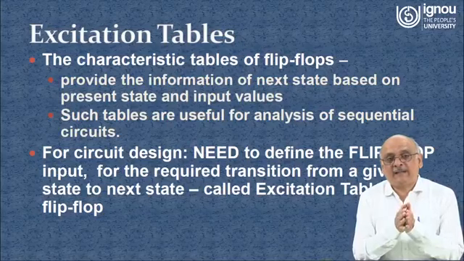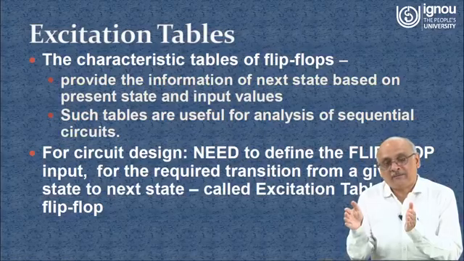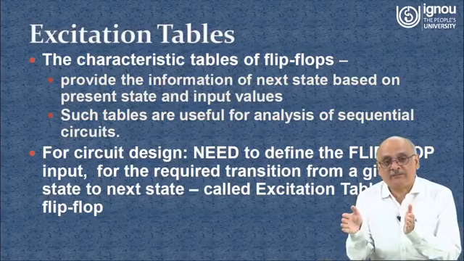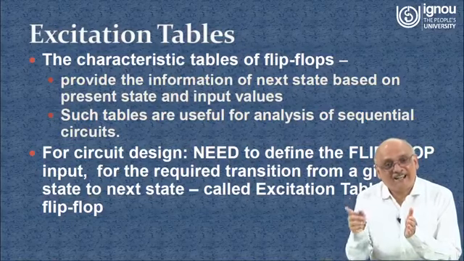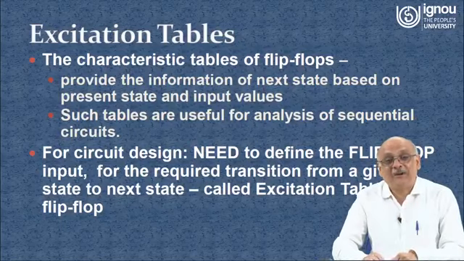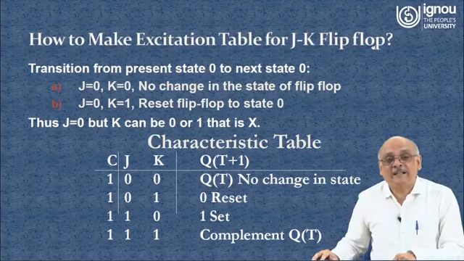So what we are saying is, suppose the flip-flop is in state 0 and it moves to state 1. What input will make this particular transition? Why do we need it? Well, when we explain the example of the counter, you will come to know why we need it. Okay, but this is how the whole thing is. How to make an excitation table for JK flip-flop.